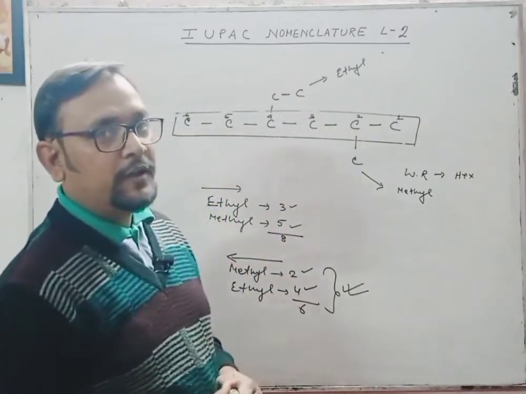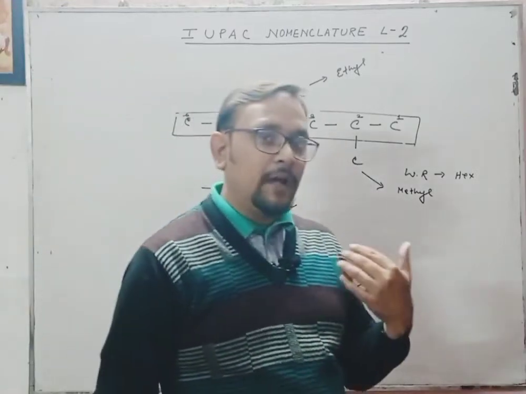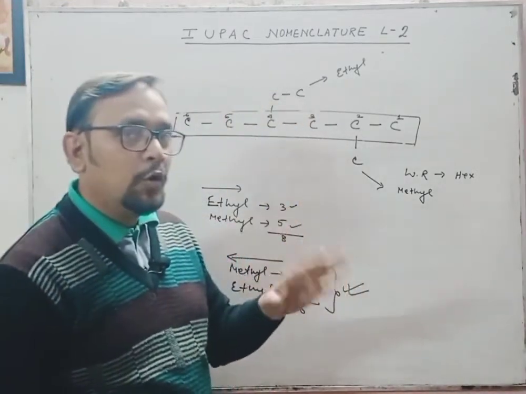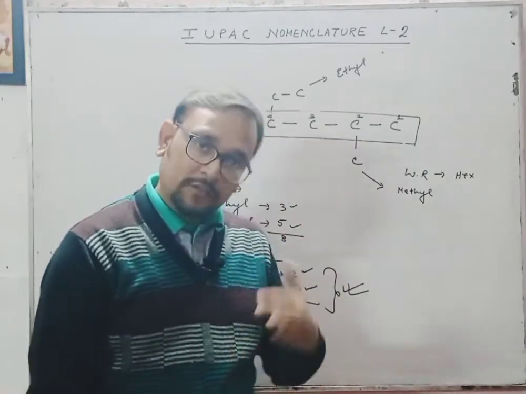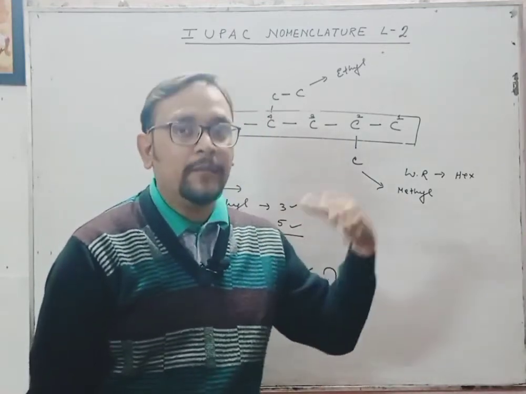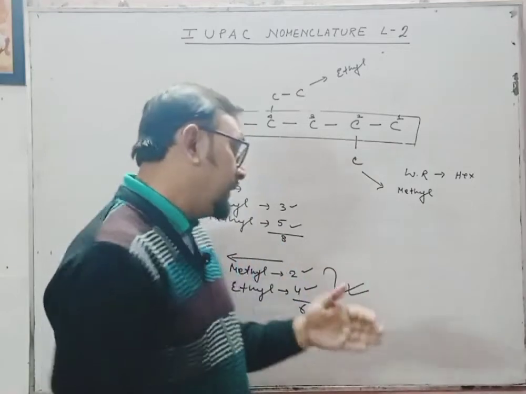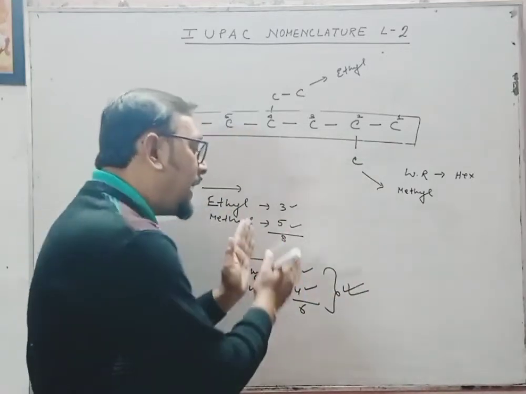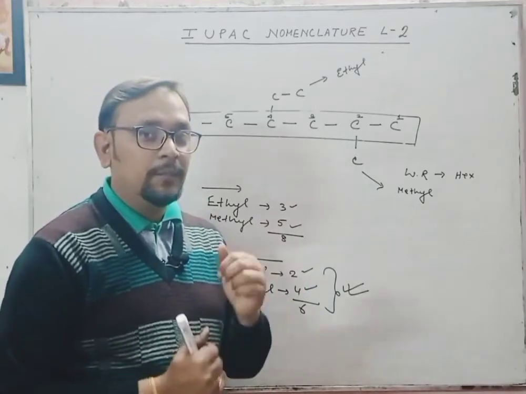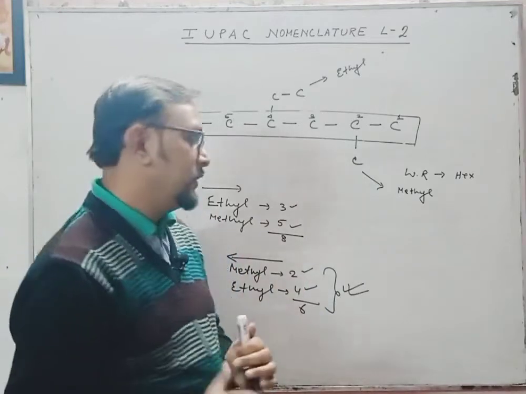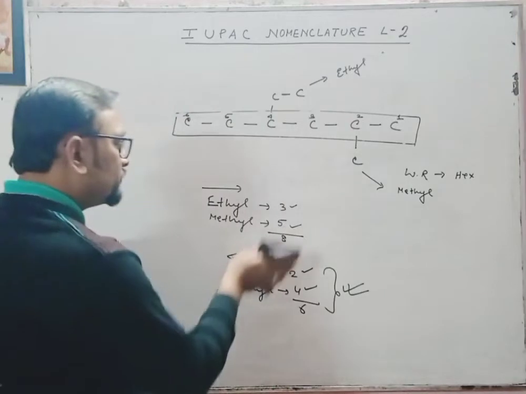Clear, all of you? In the previous example both the different substituents had the same locants, so there is a specific rule, we follow alphabetical order for numbering. But when we have different sets of locants, we follow the minimum summation rule. Clear, all of you?